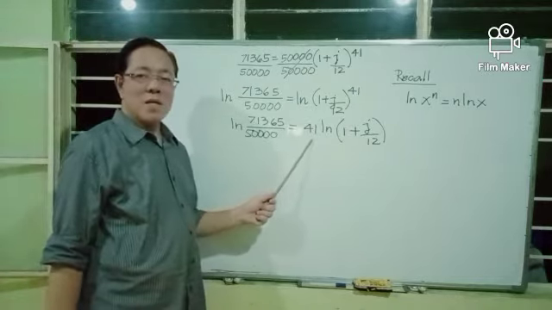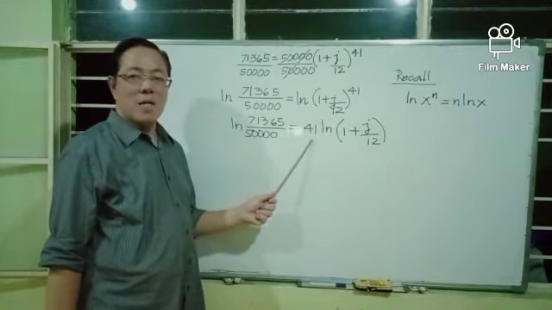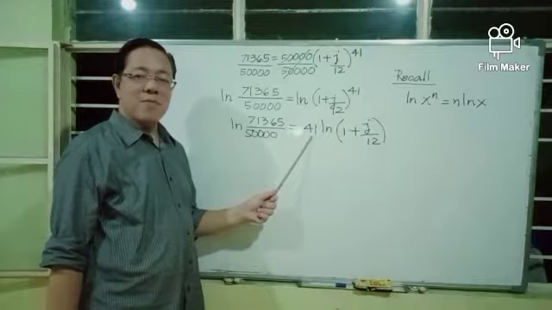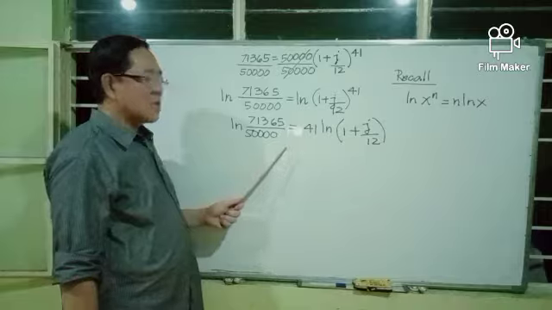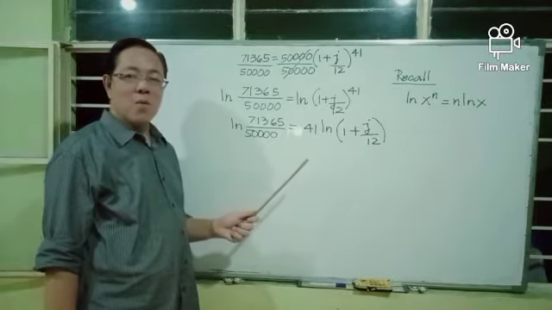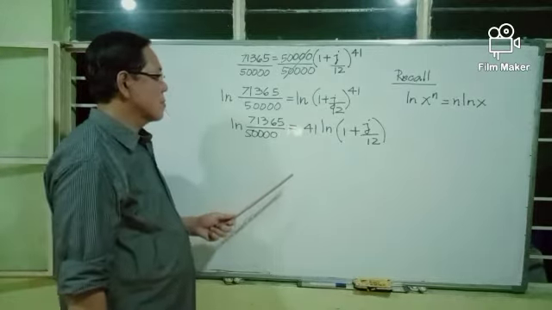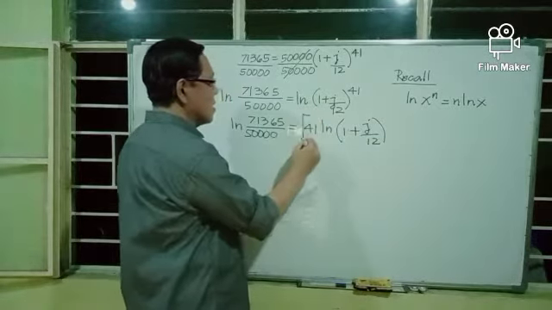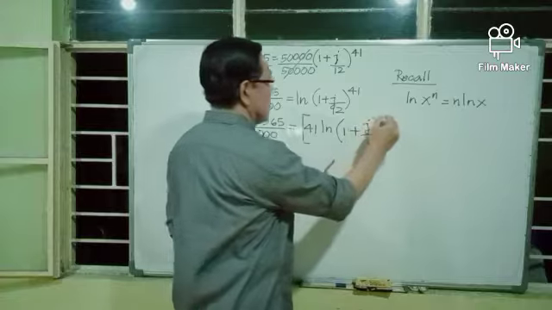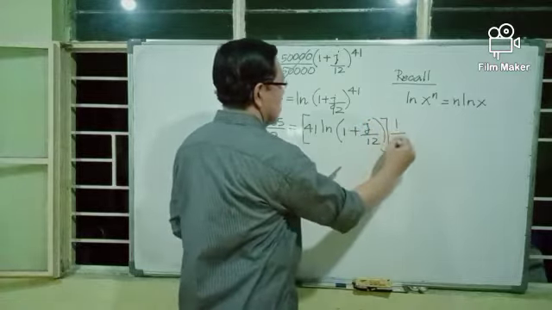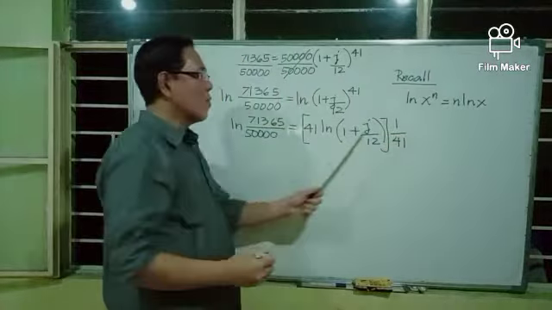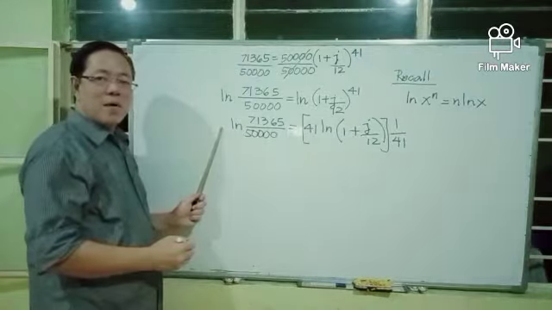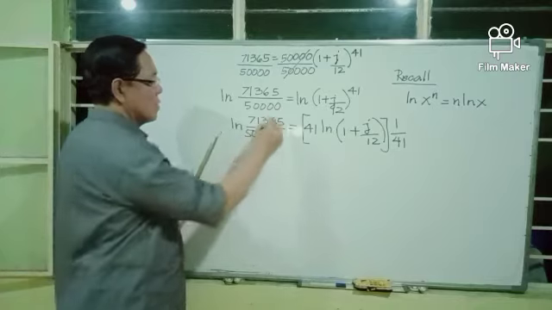Next, we get rid of 41 at the right hand side by dividing both sides by 41, or multiplying both sides by 1 over 41. We multiply the right hand side by 1 over 41. And we also multiply the left hand side by 1 over 41.